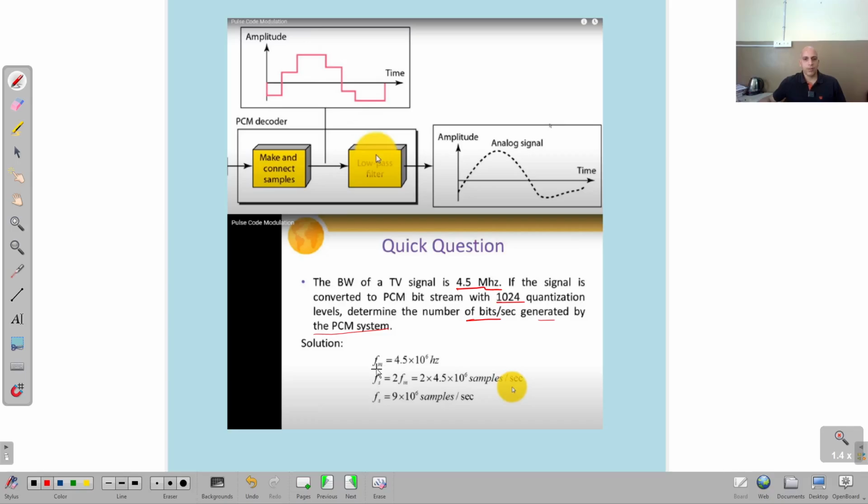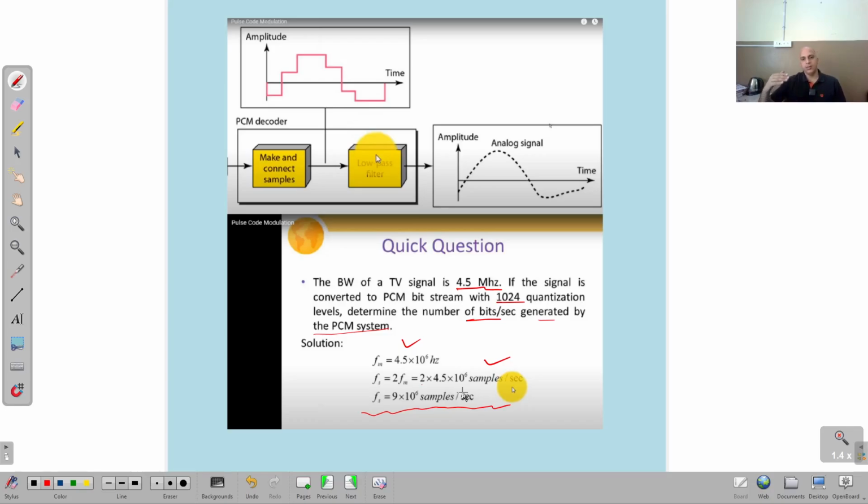So here fm is 4.5 megahertz, and fs is equal to 2fm, the sampling rate, so 2 into this samples per second. And after calculation, we got 9 into 10 raised to power 6 samples per second. So this is the solution.